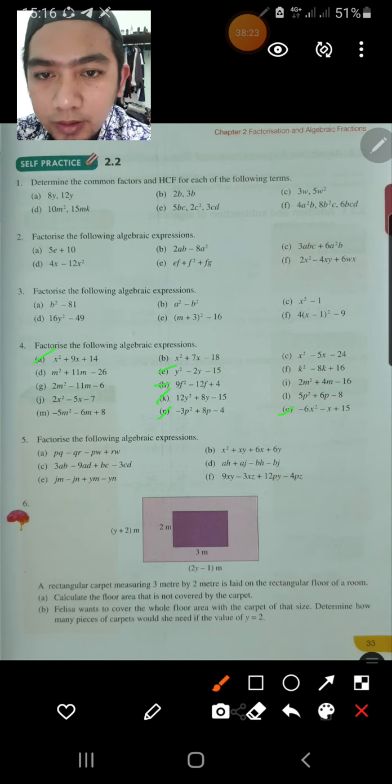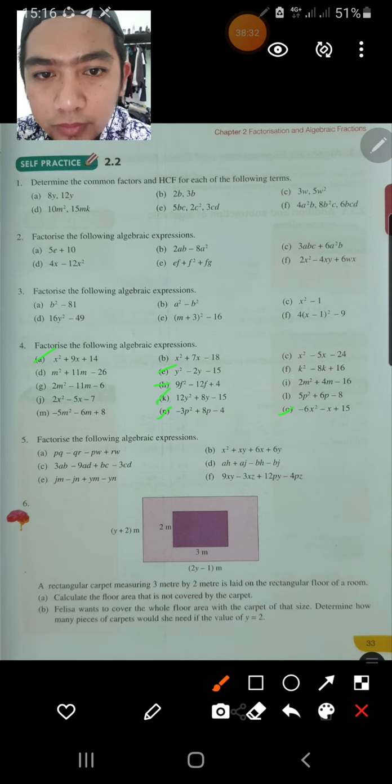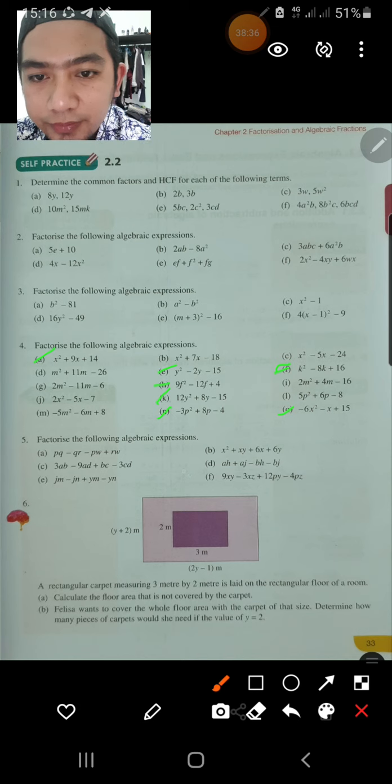Okay, ada question A, question E, question H, question K, question N, question O, and F. Okay, so question 5, you answer question A, question D, question F.